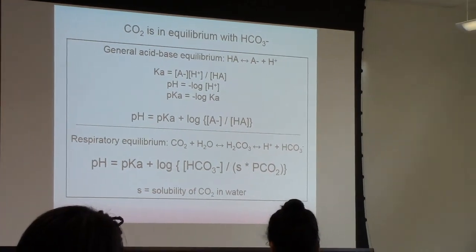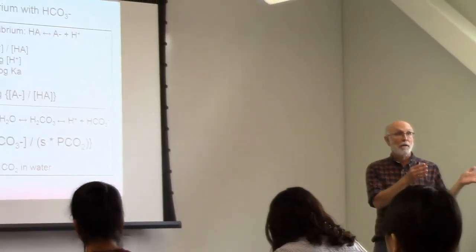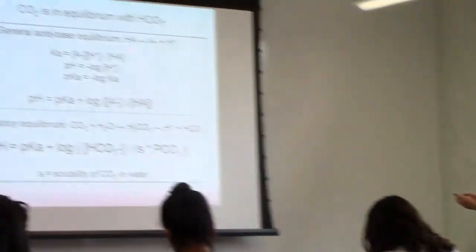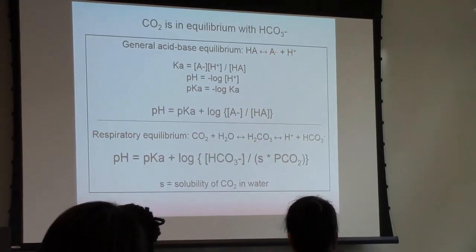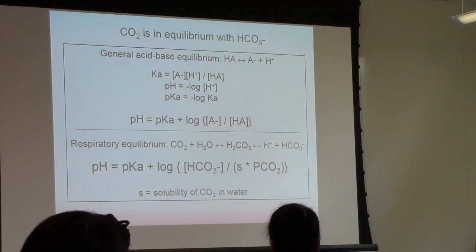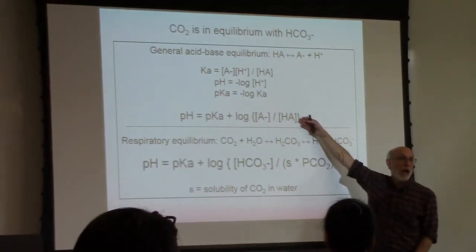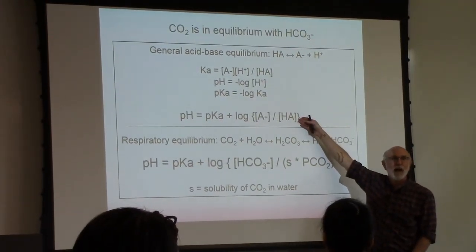The acid we're talking about here is carbonic acid, which came from the combination of CO2 and water. But here's the general equation for an acid-base interaction. And here's the Henderson-Hasselbalch equation, which I don't want to teach you because you have fallen in love with it on your own. So here's the general form of the Henderson-Hasselbalch. Isn't that how you say Henderson-Hasselbalch equation?